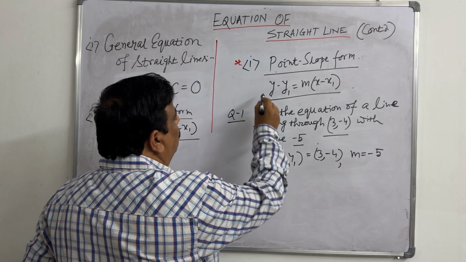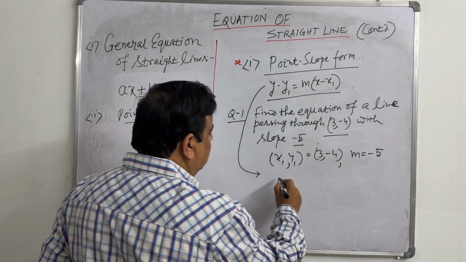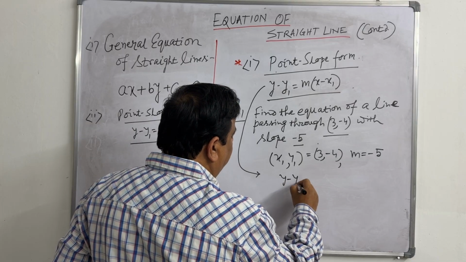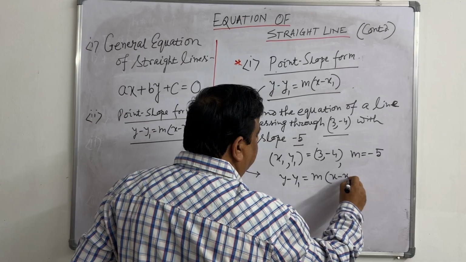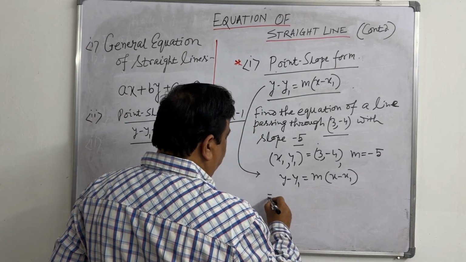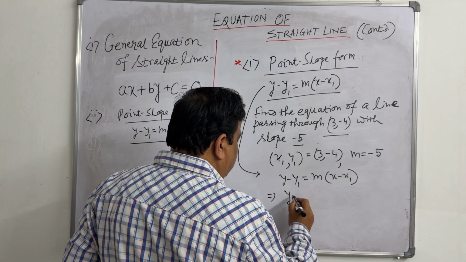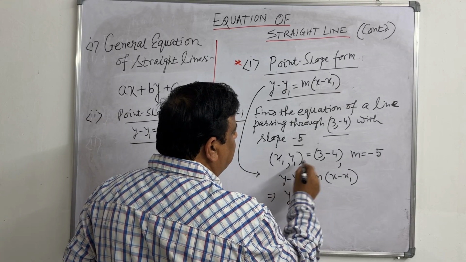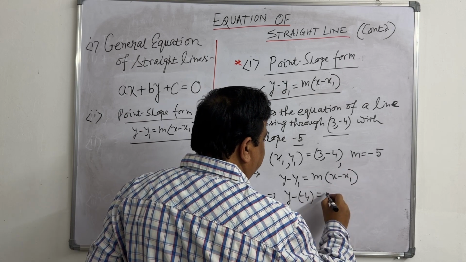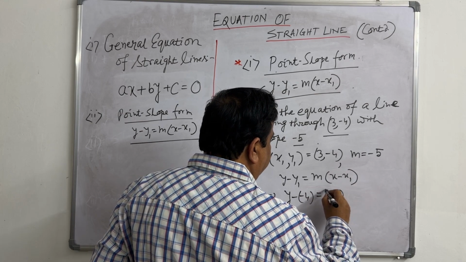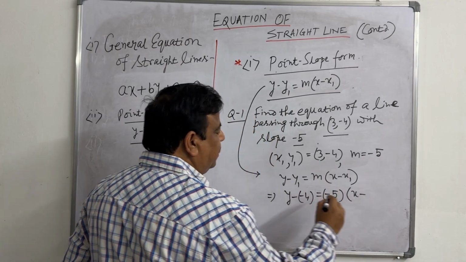Okay. So use this formula. The equation is y minus y1 is equal to m into x minus x1. Okay. Put the values of x1, y1 and m. Y minus, what is y1? That is minus 4. That is equal to m. What is m? That is minus 5. Into x minus x1. What is x1? That is 3.